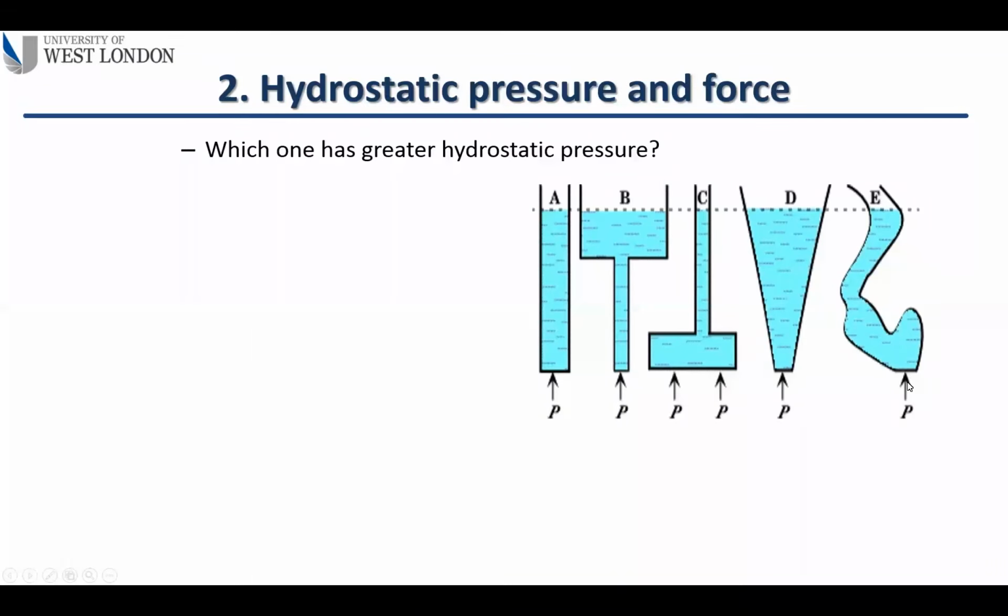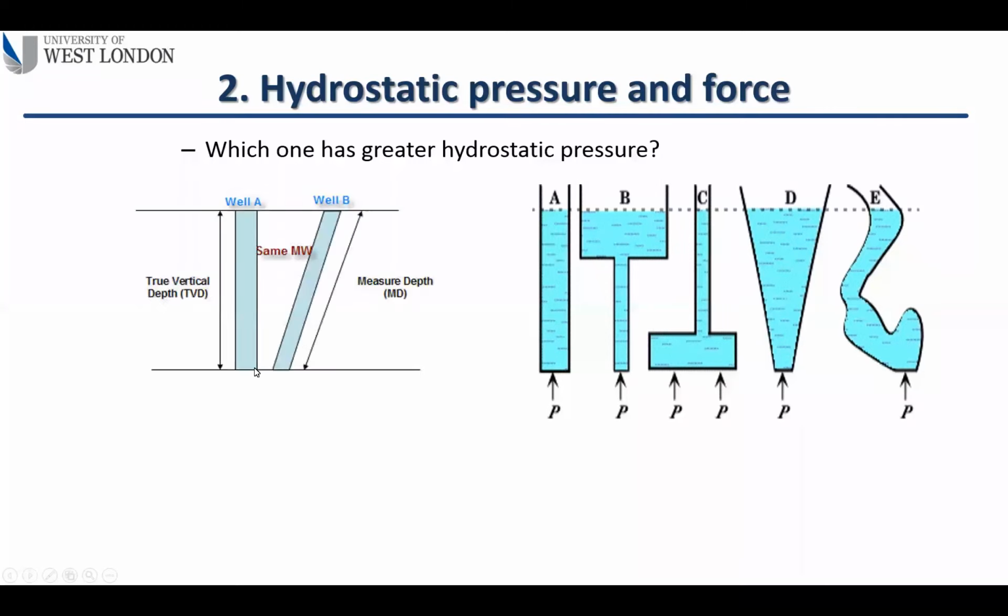So that's one question that you need to answer. Which container has the highest or greatest hydrostatic pressure? That's the question that you need to answer through the quiz, which we're going to go through with different software, with Poll Everywhere. And we can discuss it in our discussions later on.